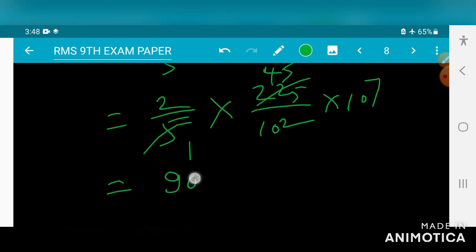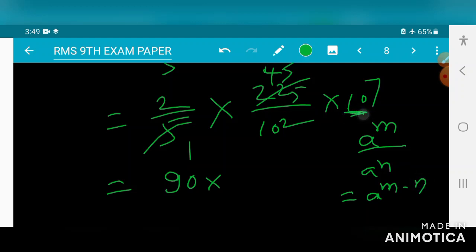See here, 10 to the power of 7. In the next step we have to do 2 into 45, 90. Here we know this identity, a to the power of m by a to the power of n is a to the power of m minus n. When the bases are equal and the powers are different, we have to subtract the powers.